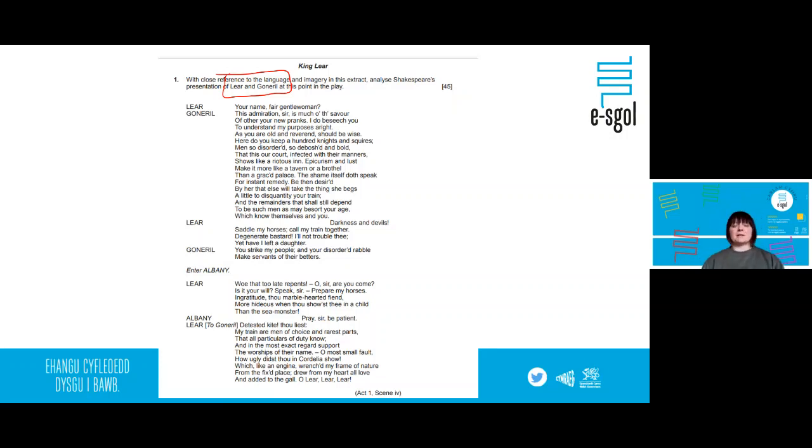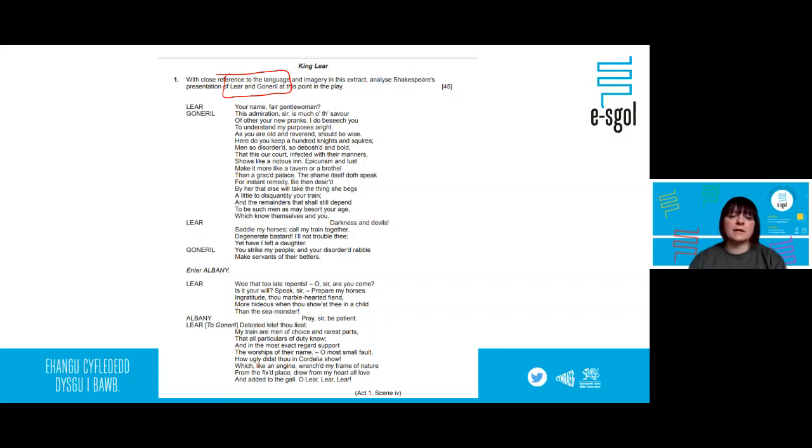Okay, so it begins with your name, fair gentlewoman. This admiration, sir, is much of the savour of other your new pranks. I do beseech you to understand my purposes aright. As you are old and reverend, should be wise. Here do you keep 100 knights and squires, men so disordered, so debauched and bold, that this our court, infected with their manners, shows like a riotous inn, epicurism and lust make it more like a tavern or a brothel than a graced place.